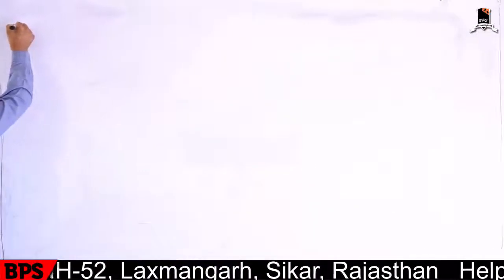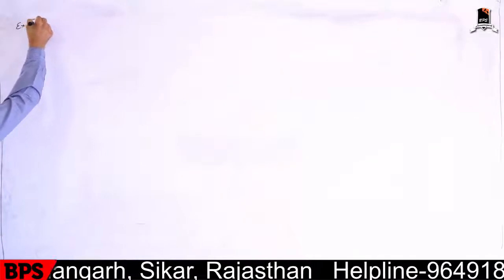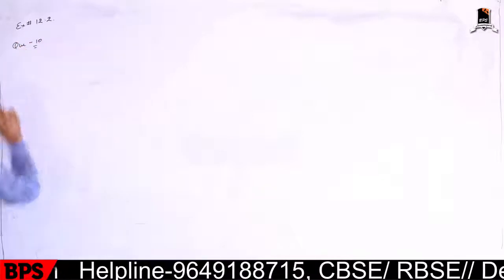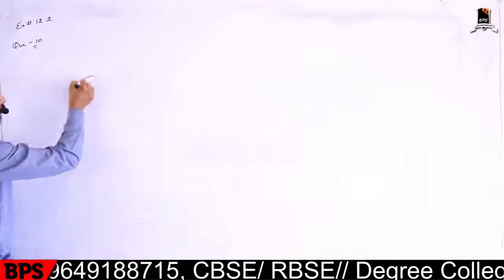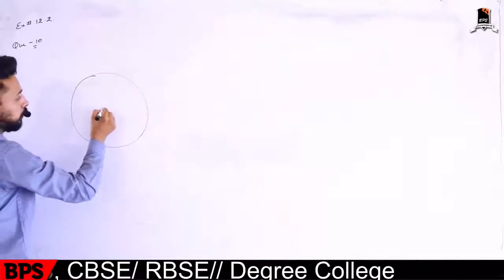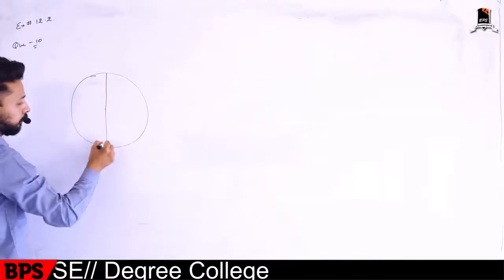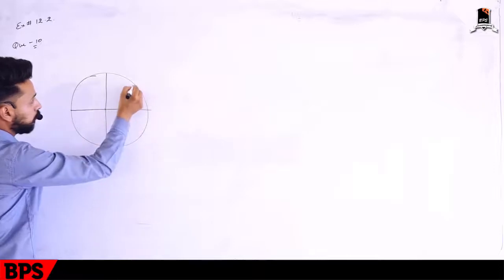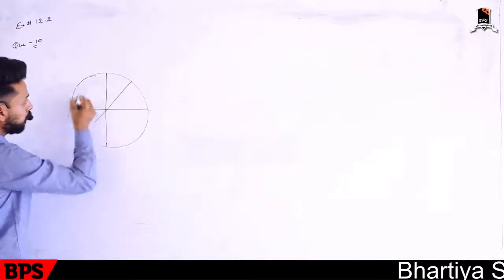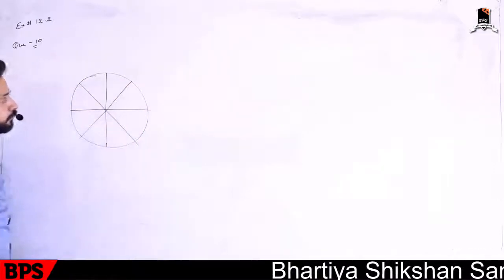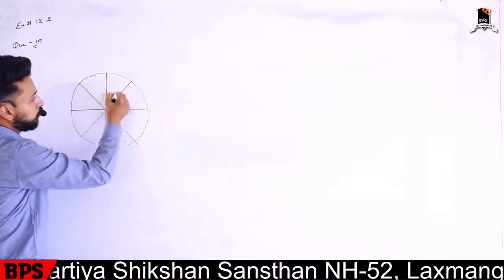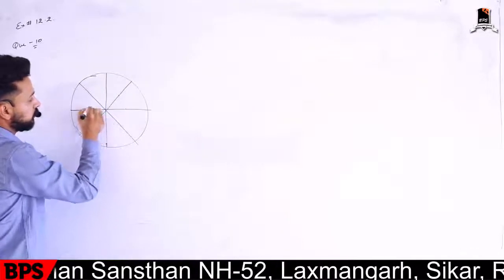Exercise 12.2, question number 10. There is an umbrella and the total number of ribs is 8. 1, 2, 3, 4, 5, 6, 7, 8.